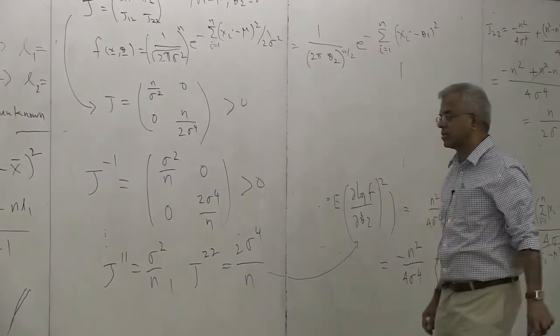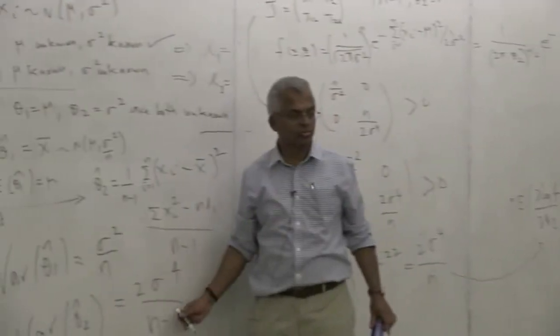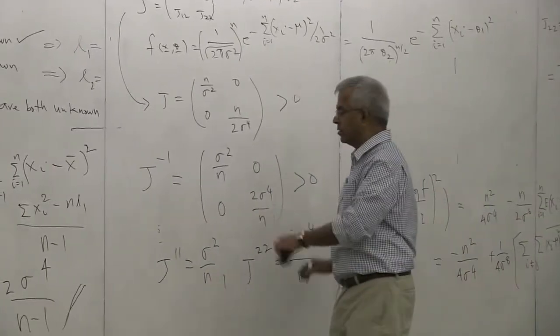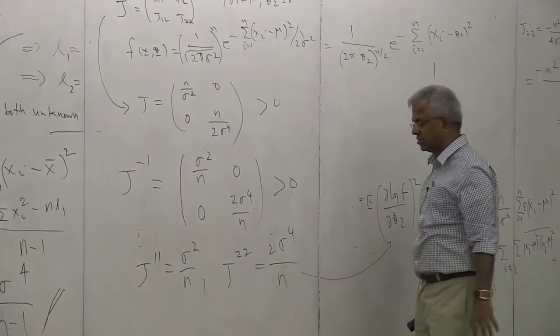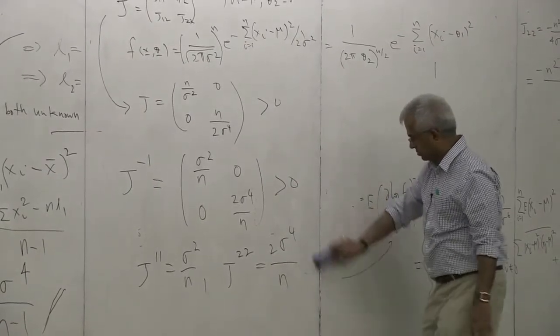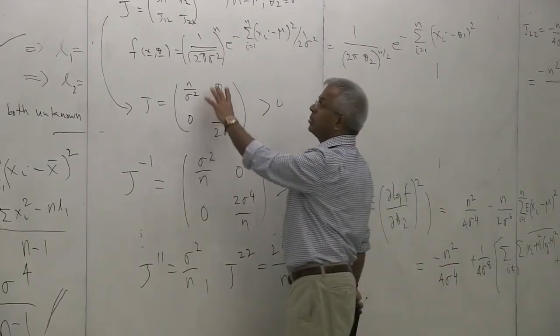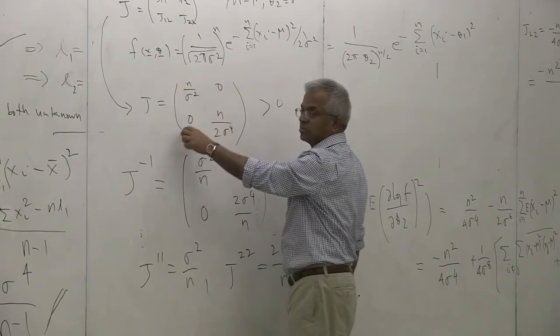So this part, what I didn't show you is it takes some time to show that this variance is 2 sigma 4 over n minus 1. So that's the pain now. In other words, it's not an efficient estimator. But at least you can see here, this estimator doesn't affect this estimator because of this.